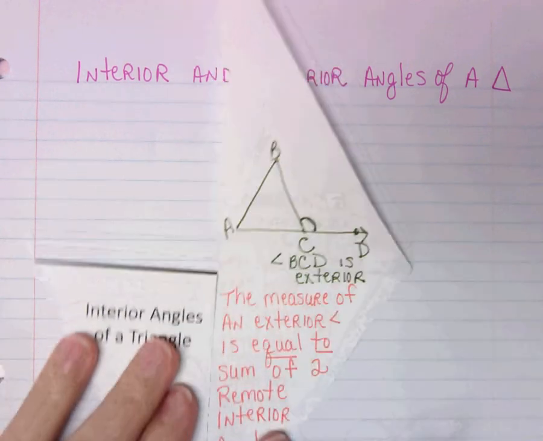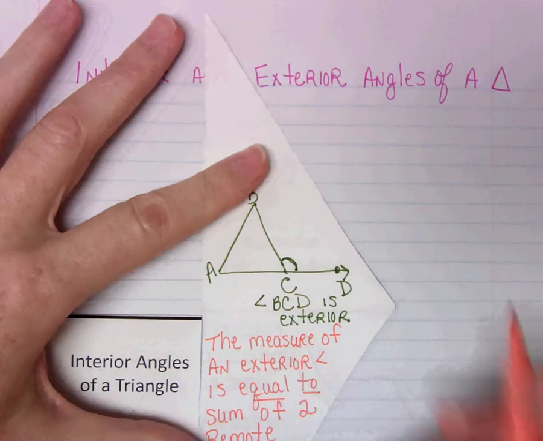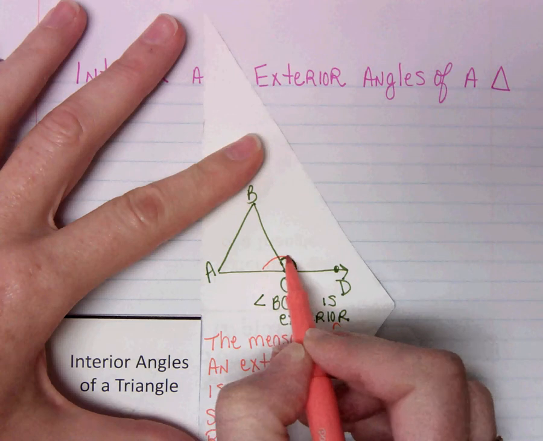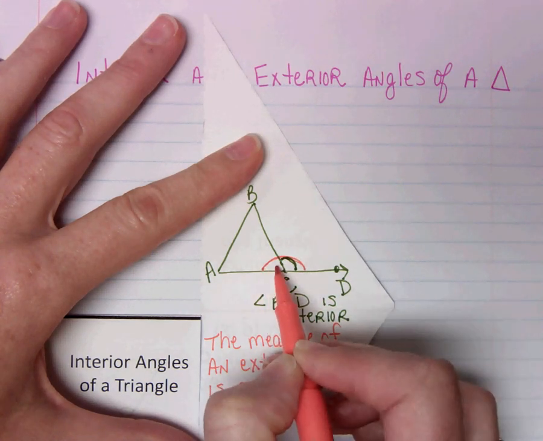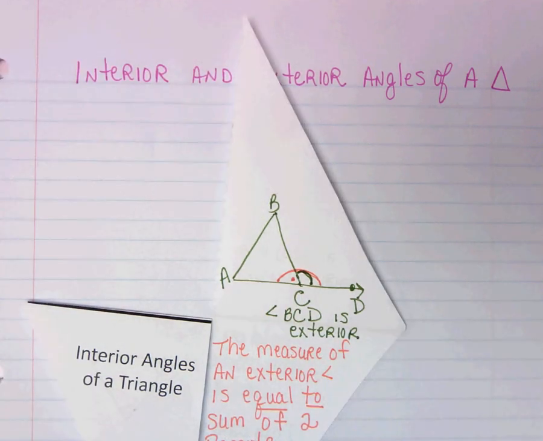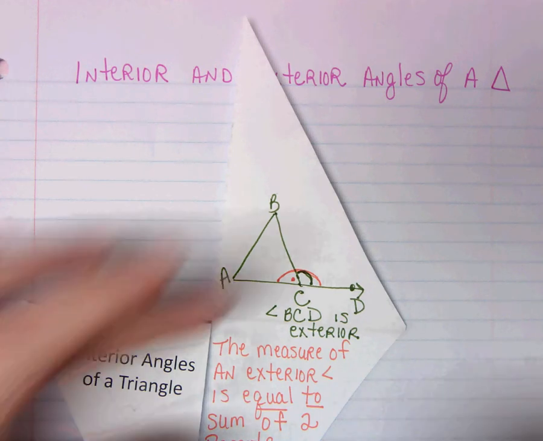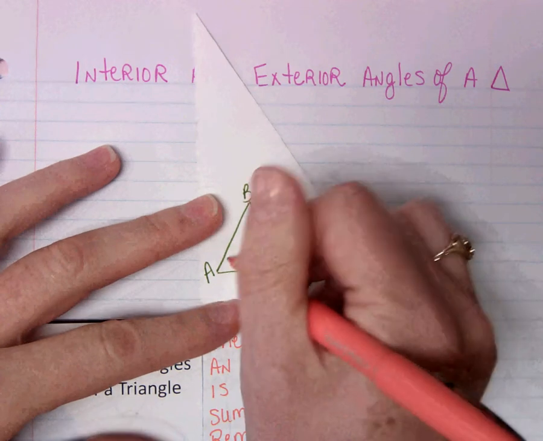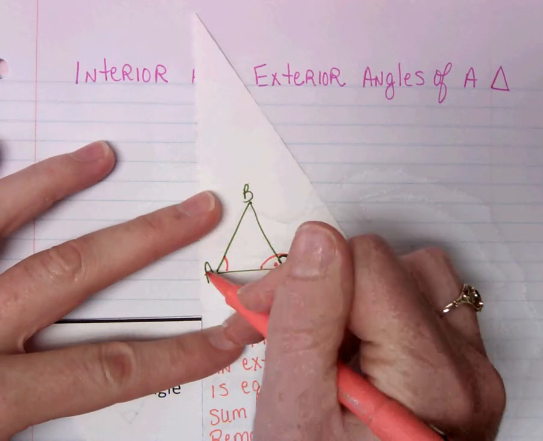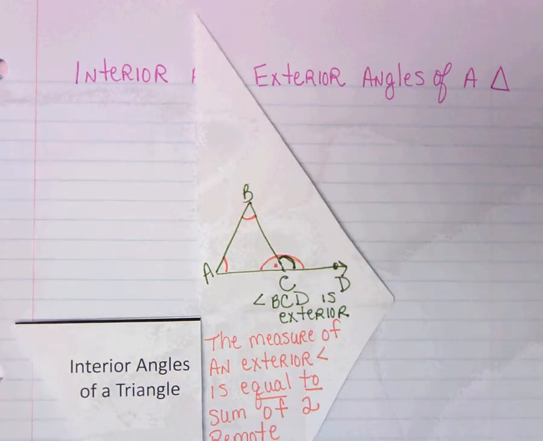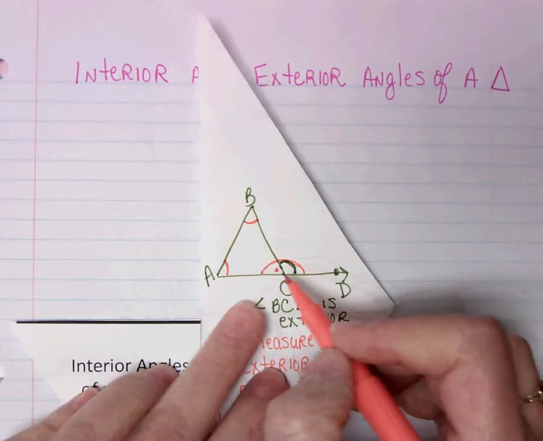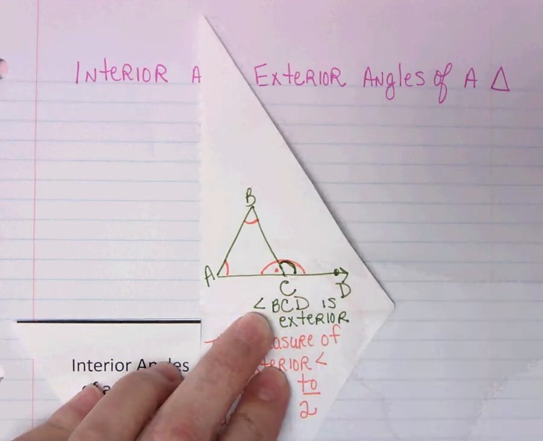Okay, so first of all, I want to point out to you that right here, these are supplementary angles. So if I knew what this angle was, then I could just subtract it from 180 and measure the angle BCD. But we may not know that. But if I know angle BAC, or angle A, and I know angle B, then I can conclude what angle BCD is.